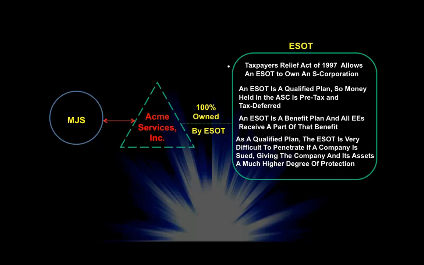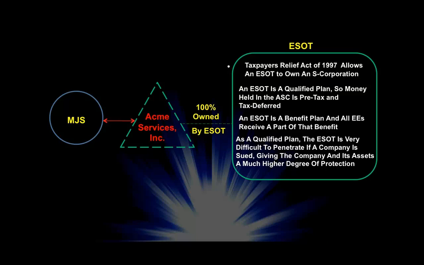As a qualified plan, the ESOT also confers a huge level of risk management. In effect, it is very, very difficult to sue an ESOP. They are rarely sued, and in instances where they have been sued, more times than not, it is not a successful pursuit in the legal system. Qualified plans are very, very difficult to penetrate. Now, the one exception to that is something called a QDRO, Qualified Domestic Relations Order.